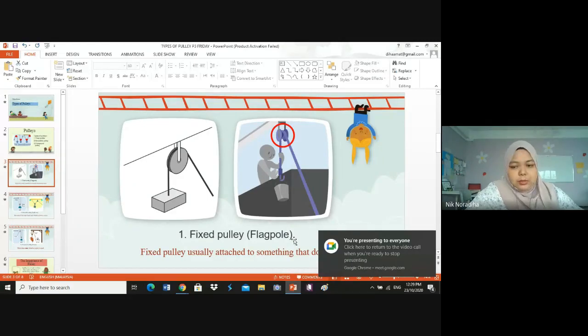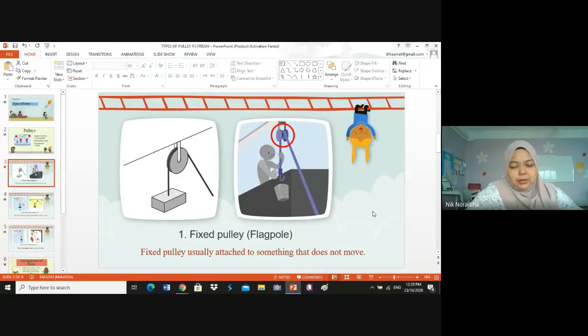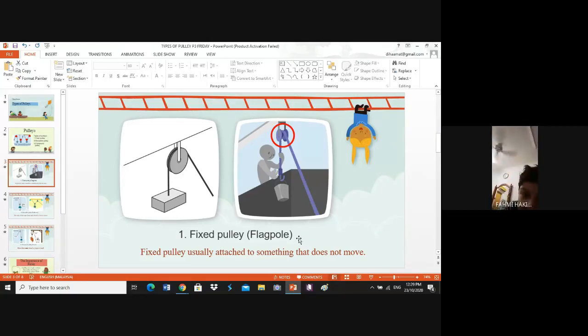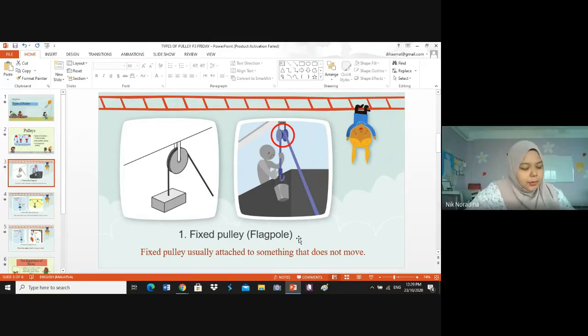The first one we have is fixed pulley, just now. You guys already memorized them, right? Fixed pulley. So an example of fixed pulley is the flagpole. Okay, write in your notebook now. Flagpole. Do we have to copy the red color thing? Yes, copy as well. Fixed pulley, do like this. The bracket, flagpole.